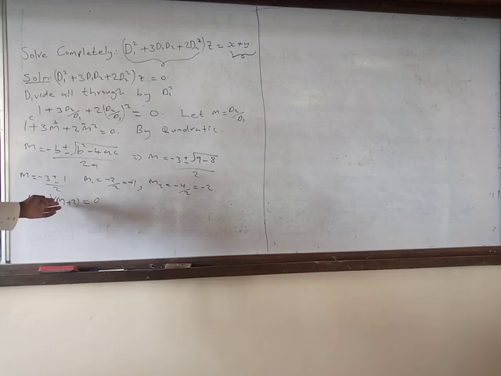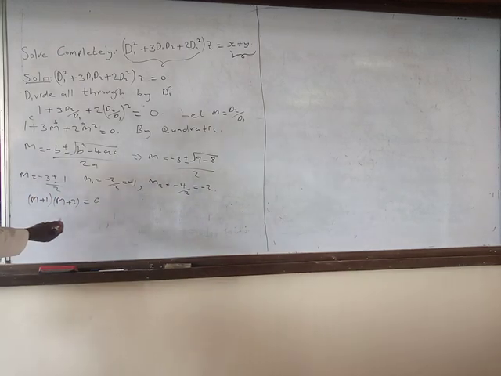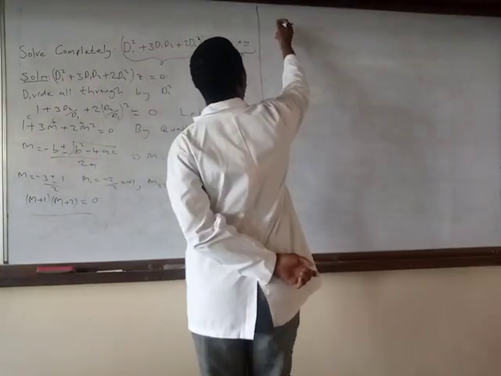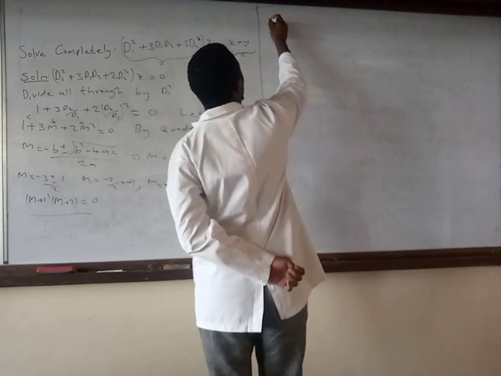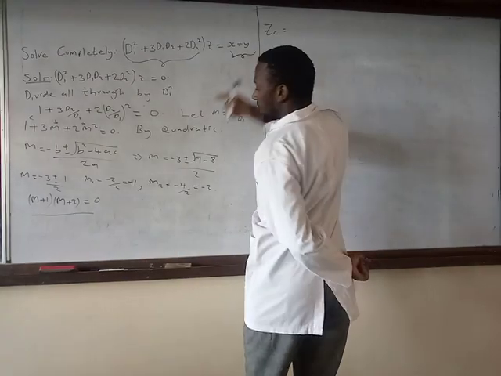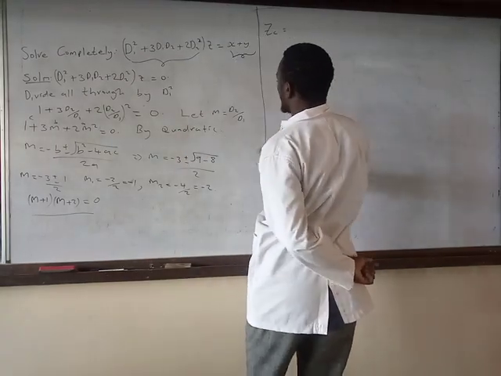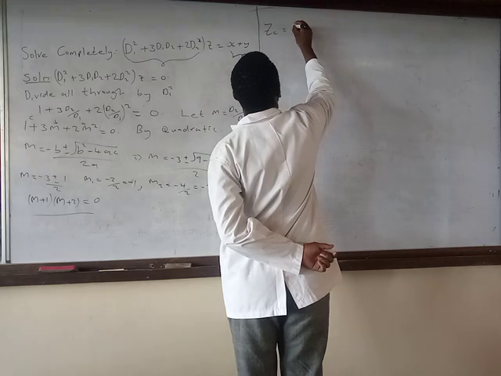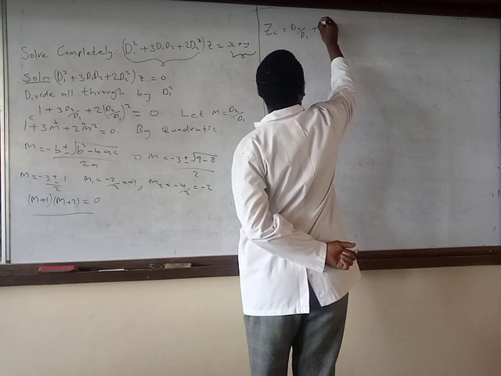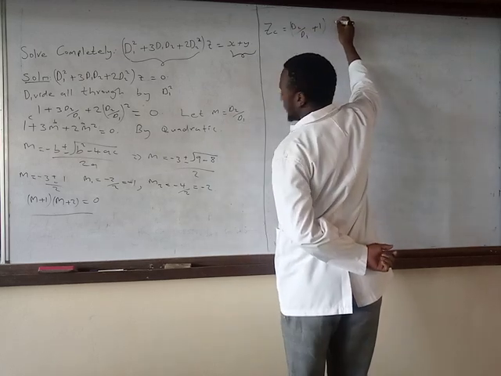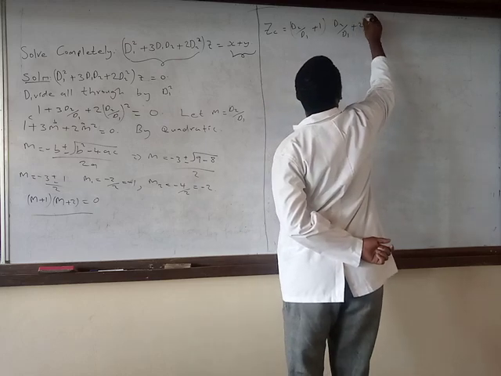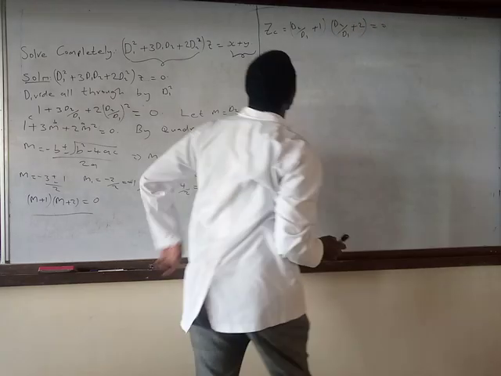So we know that to get the complementary solution, to get our ZC, m is D2 over D1. So D2 over D1 plus 1, and then D2 over D1 plus 2 equals 0.